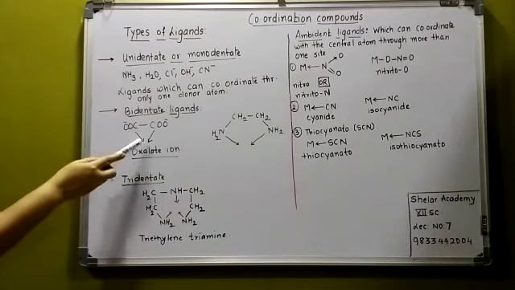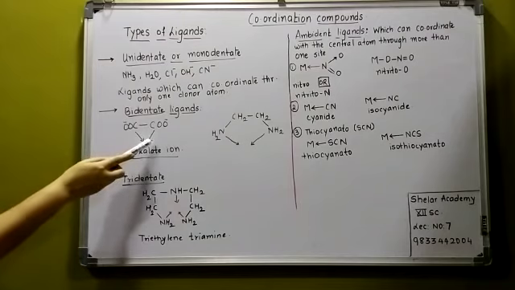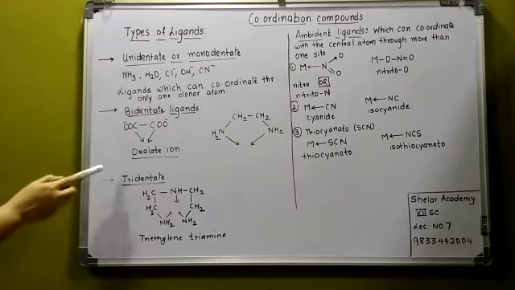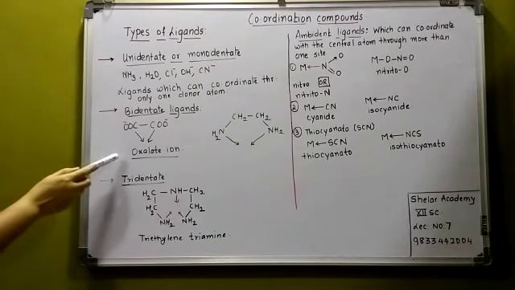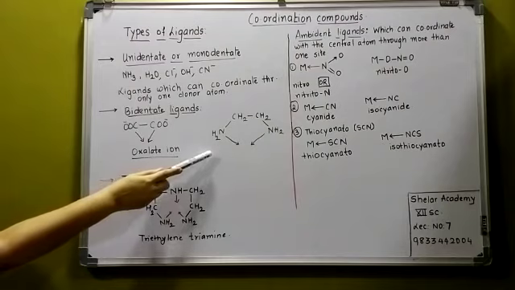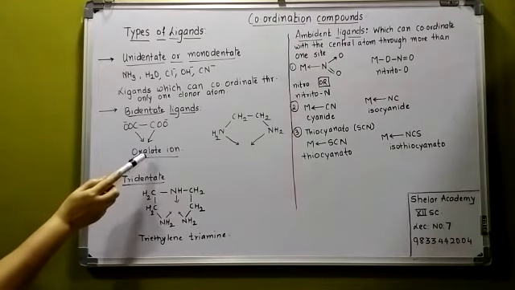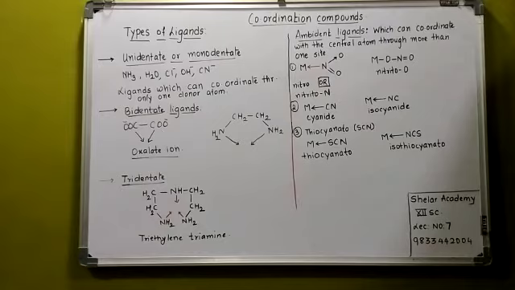These are the examples. See, this is the donor site. How many are there? Two. So it is called bidentate. This is the example of an oxalate ion. This is ethane 1,2-diamine, written as En. Ox means oxalate ion. They are bidentate.